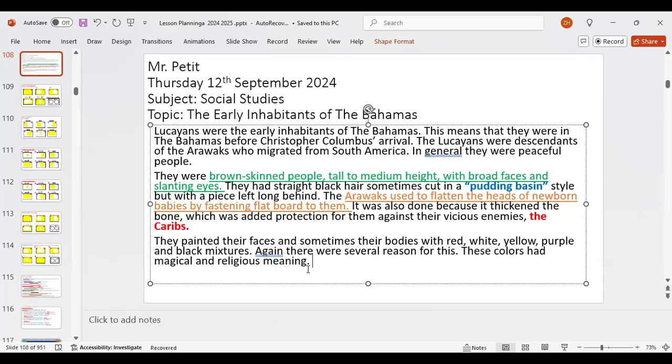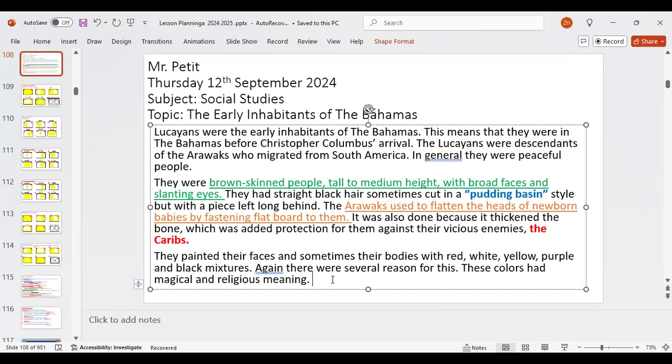So they're doing it in accordance with their religious practices. And then there's another reason. More practically, the colors helped to do what to mosquitoes? Keep them away. Confuse them. Very good. Help to keep mosquitoes away.